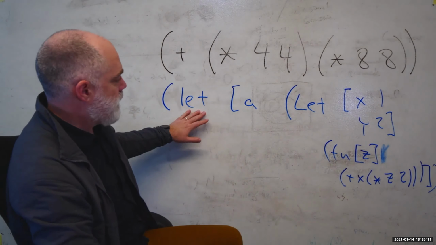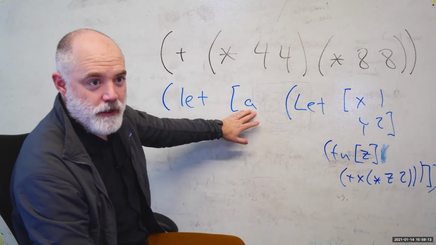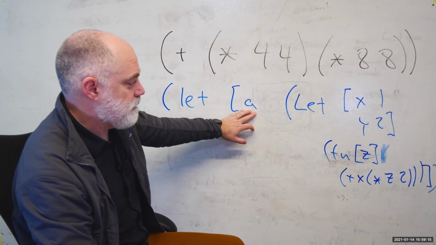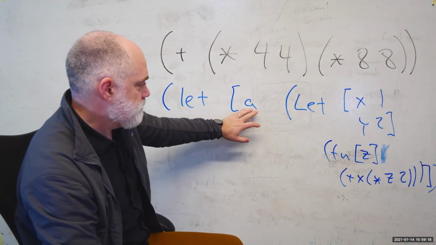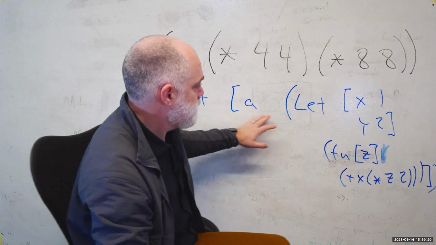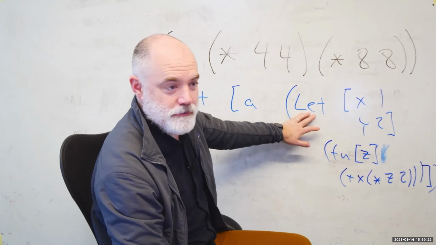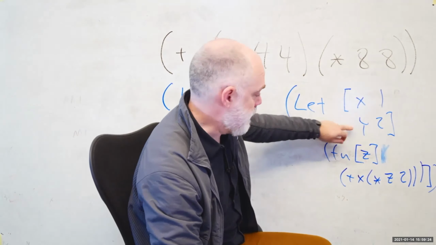So yes, you can have a let block that assigns a value to A, that has a let block that assigns values to x and y.